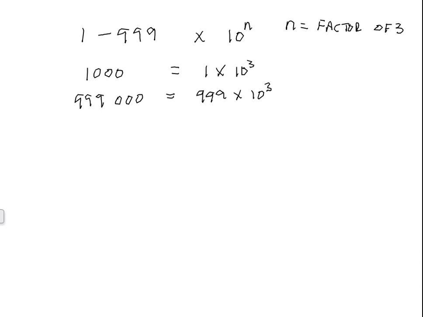From there, we'll go to 1,000,000. One times 10 to the 6th, and so on. So we always work in factors of 3. 3, 6, 9, 12. 1 through 999 times 10 to a factor of 3.